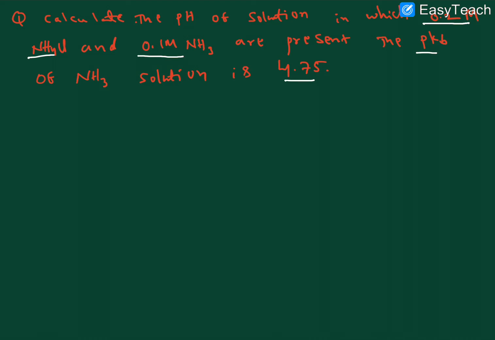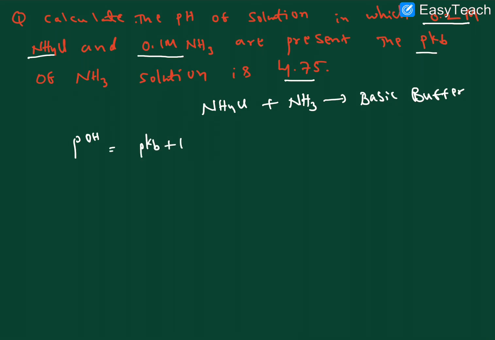They are giving the concentration of salt and the concentration of base, a weak base, and the pKb value also. They are asking to calculate the pH. So the combination given is ammonium chloride plus ammonia. This is called a basic buffer solution, right? Basic buffer solution, right? What is the formula we derived earlier?